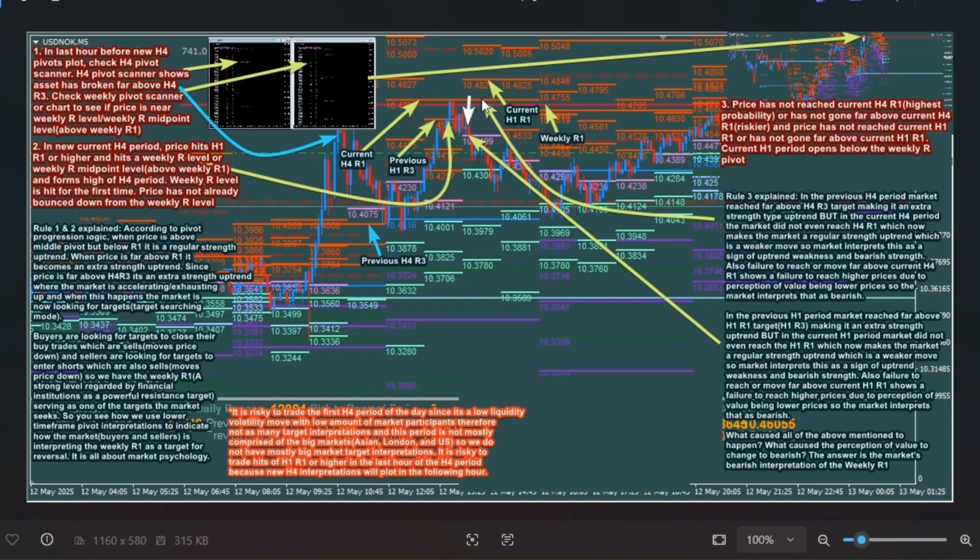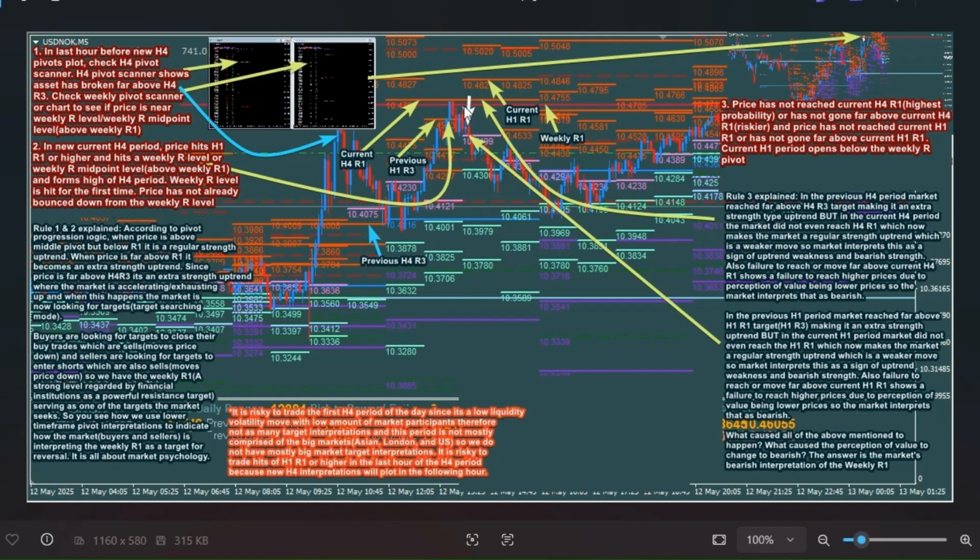Okay? So that is weakness because we went from an extra strength uptrend in the previous period to a regular strength uptrend in the current period. Okay? And the market interprets that as uptrend weakness and bearish strength.